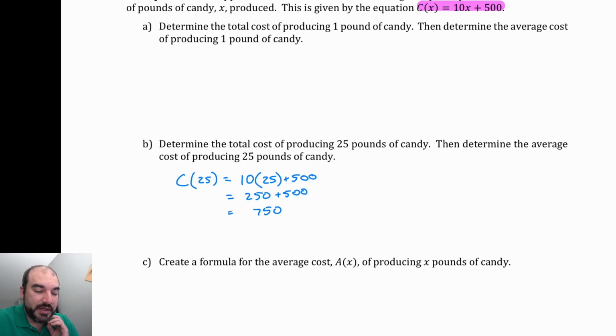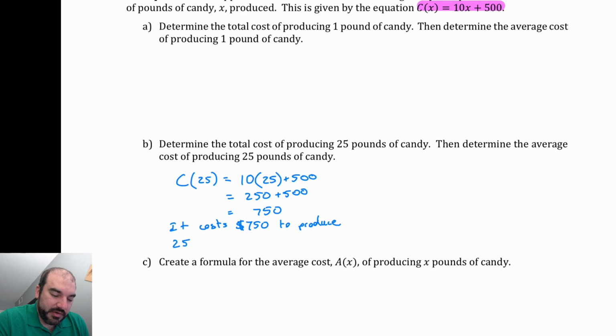So that tells me it costs $750 to produce 25 pounds of candy. Right, that's how the C of X function works.